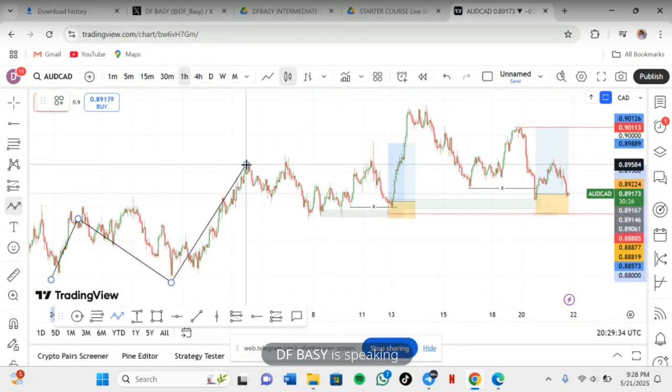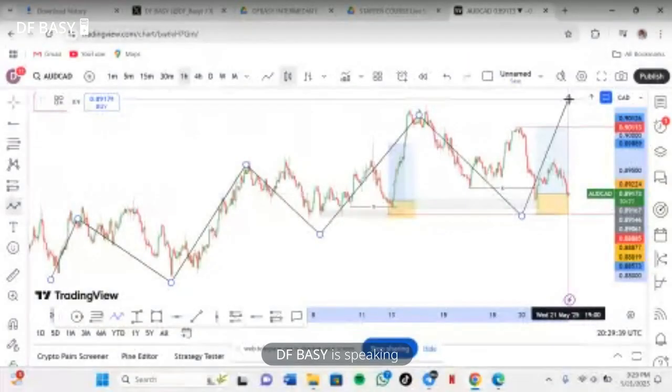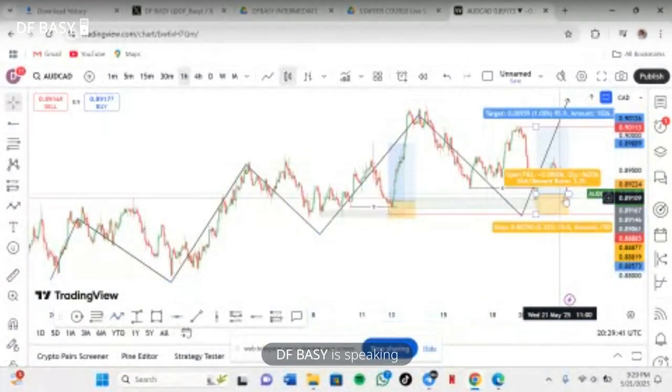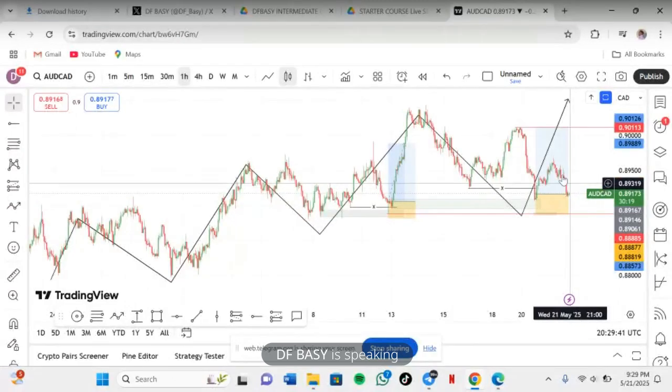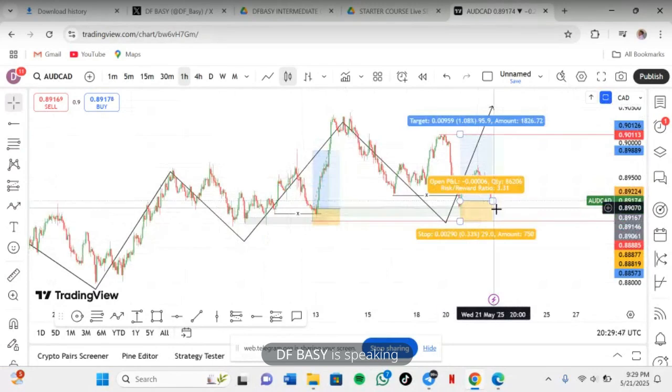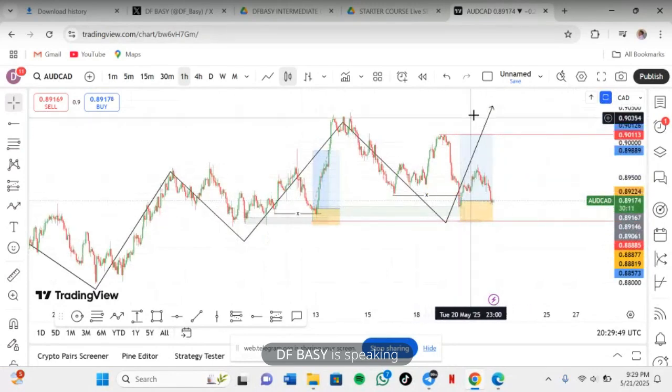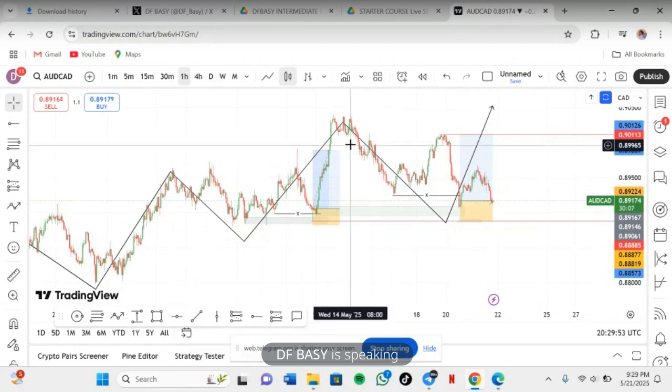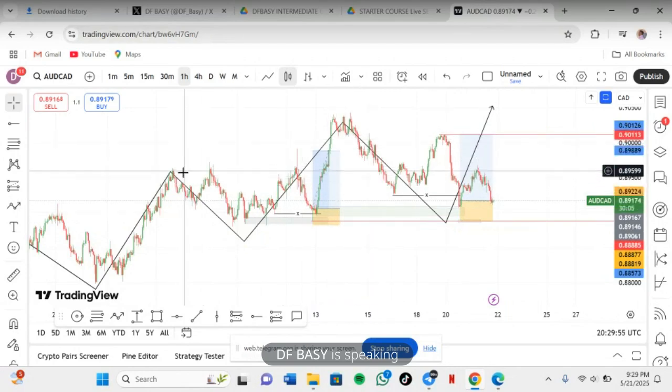It goes up, comes down, goes up, comes down. Have you seen why I took this buy from this point? I expected this market to go up, because from here it is bullish. That's why I was expecting this trade to go up and give me profits. This is an example of a bullish market.